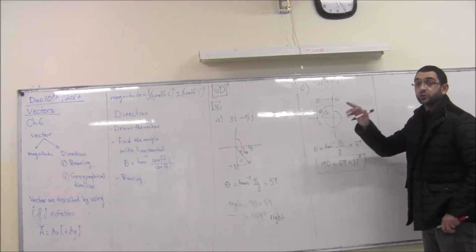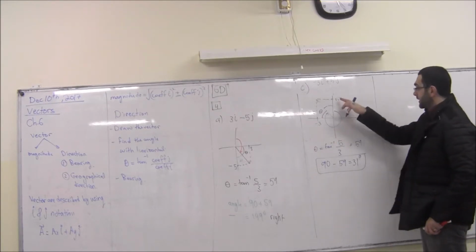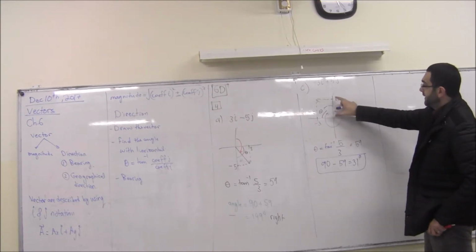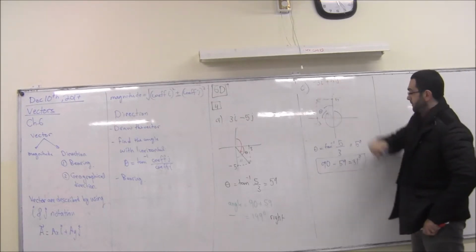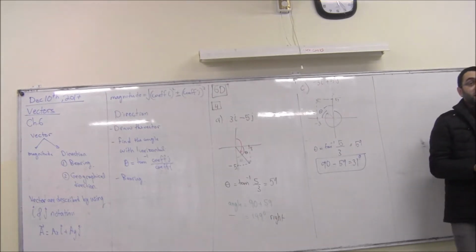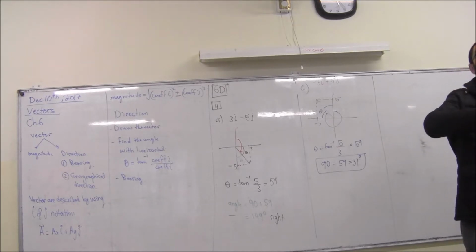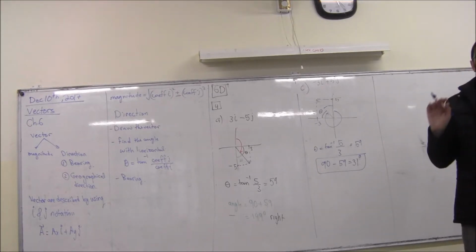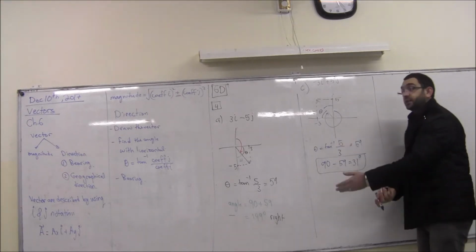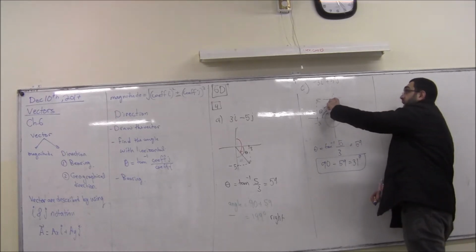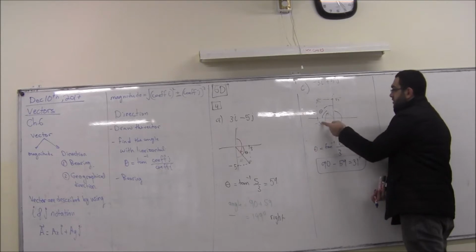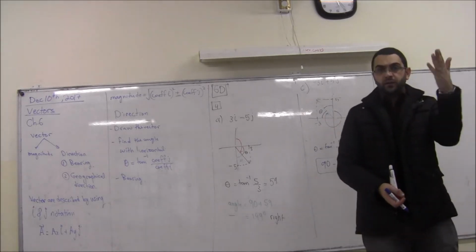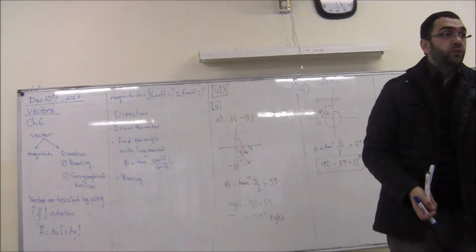This could also happen, especially under the stress of the exam. But 5 is not the opposite; 5 is the adjacent and 3 is the opposite. I faced this several times, and students regularly in exams took 5 as the opposite. You got my point?